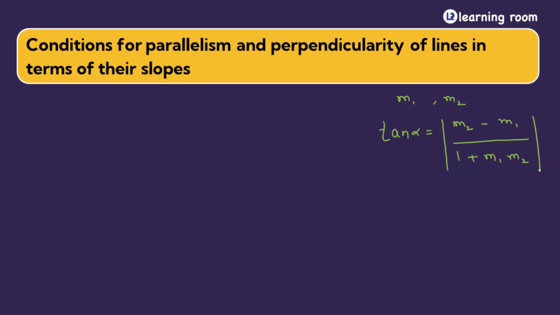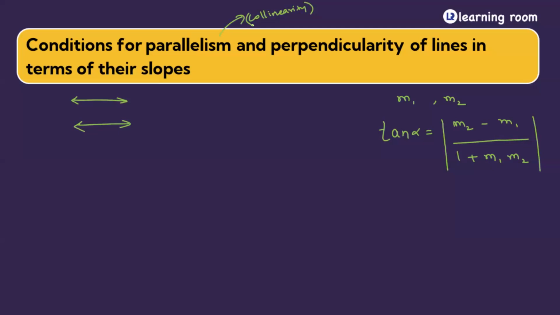Now tell me one thing. If two lines are parallel to each other, what is going to be the value of alpha? This parallelism, or you can use the word collinearity also. Collinearity, in the sense that if 3 points are collinear, the same condition is applicable.